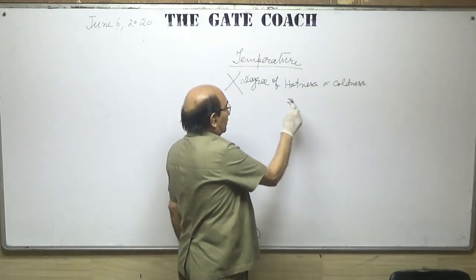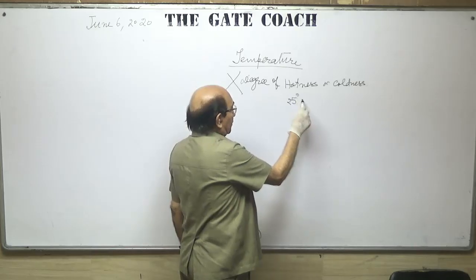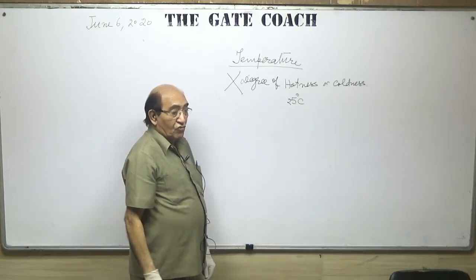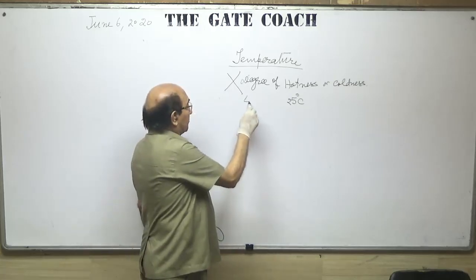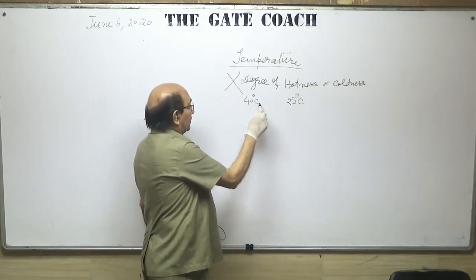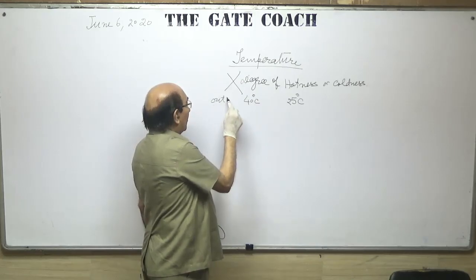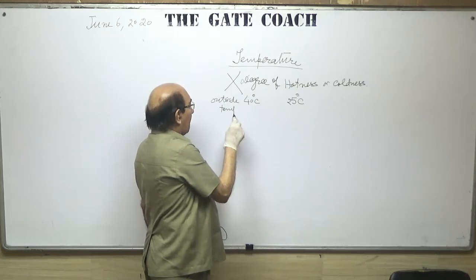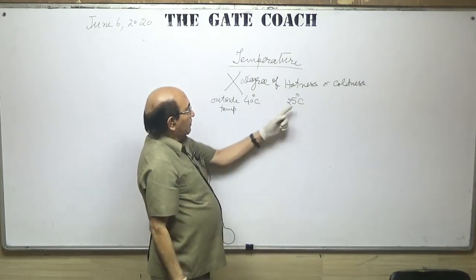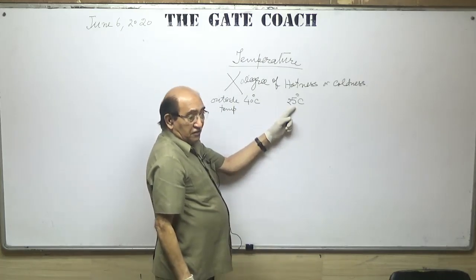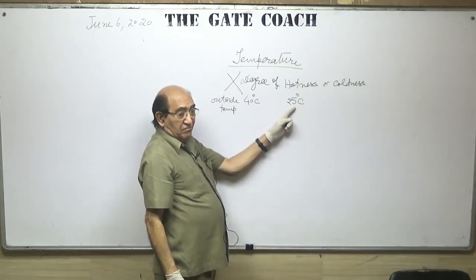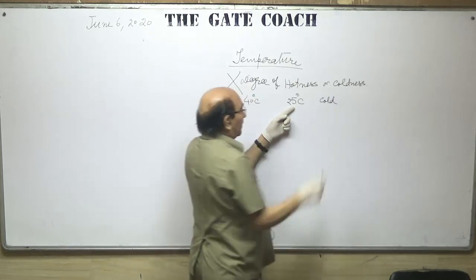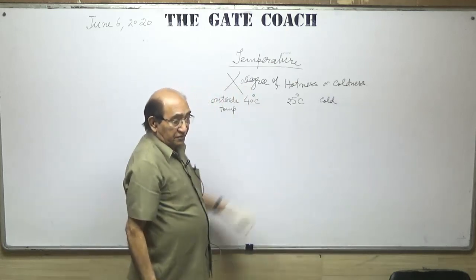Let us say in a room the temperature is 25 degrees centigrade. Outside temperature in summer is 40 degrees centigrade. Then 25 degrees centigrade is lower temperature, so it shall become degree of coldness.